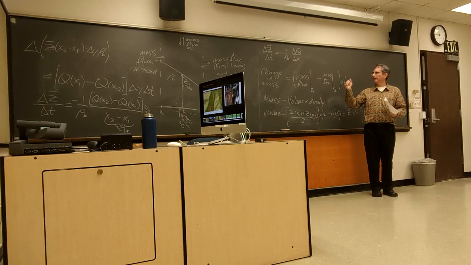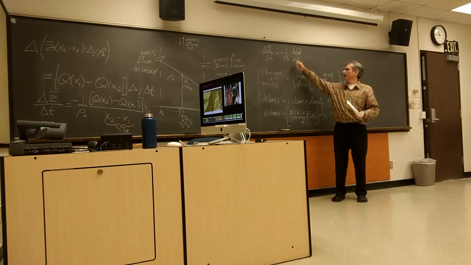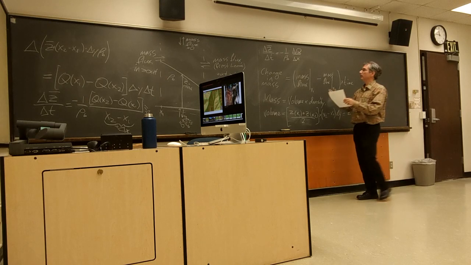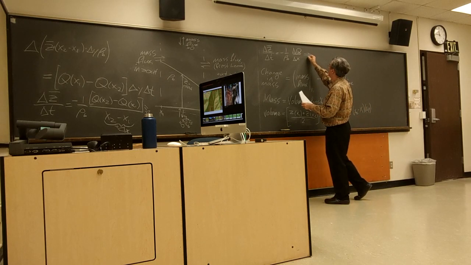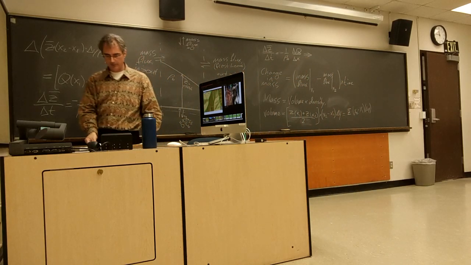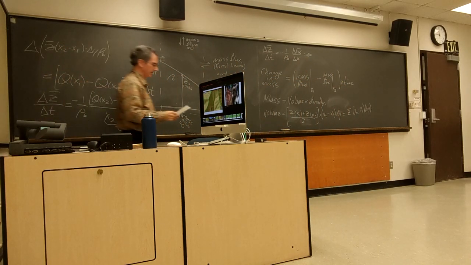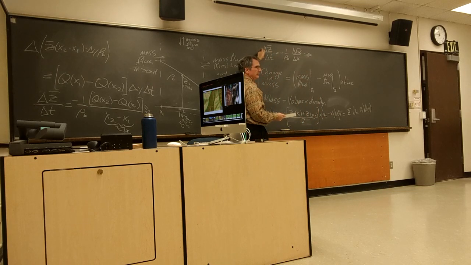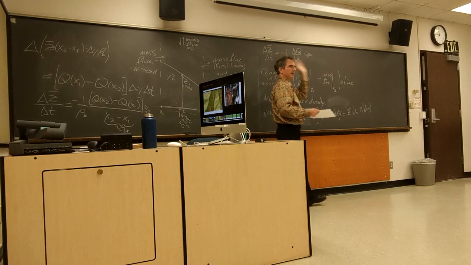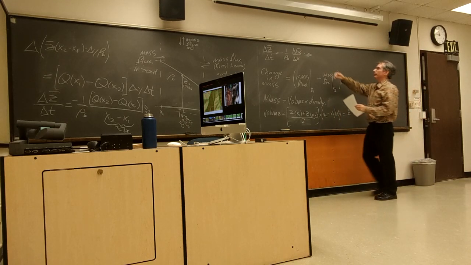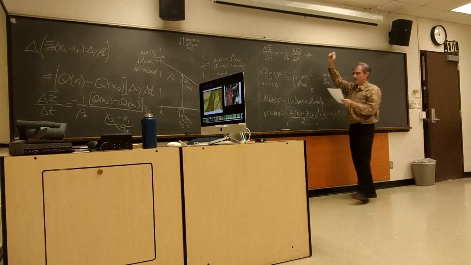Now, is everybody cool with me getting rid of these clunky deltas and turning these into derivatives? So if I do that, in the limit that delta x goes to 0, and in the limit that delta t goes to 0, my delta q delta x becomes a dq dx. This becomes a dz dt. I'm going to get rid of the overbar because now I don't have to worry so much about the average elevation.